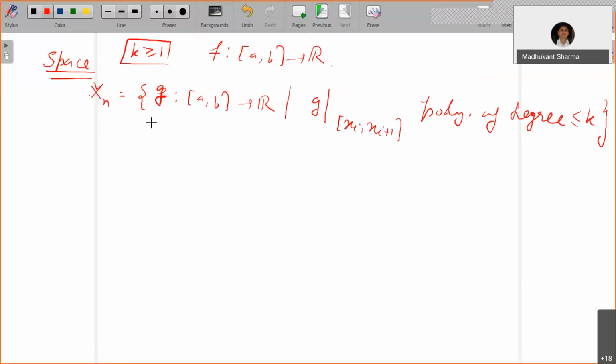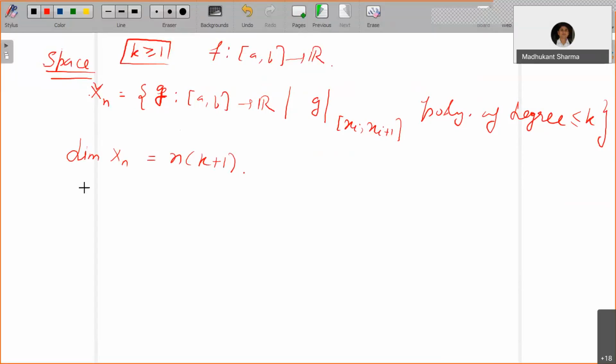So far we have not assumed any condition on g, not even continuity. Each polynomial has k plus 1 arbitrary coefficients, a0 to ak. There are n of them, so the dimension is n into k plus 1. In other words, this is the degrees of freedom.